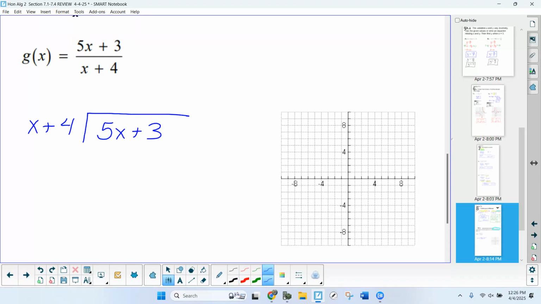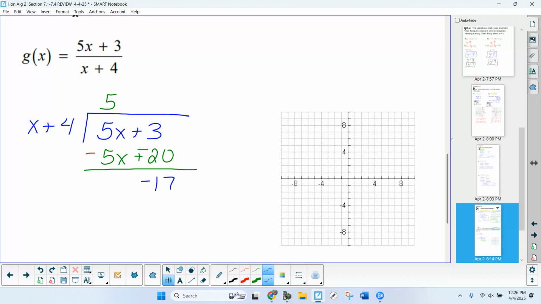Now, what do you multiply x by to get to 5x? Now distribute. What do you get? 5x plus 20. Now, some of you had a remainder of 23. The remainder is not 23 because what do you have to come in and do? Subtract. And what's my remainder?